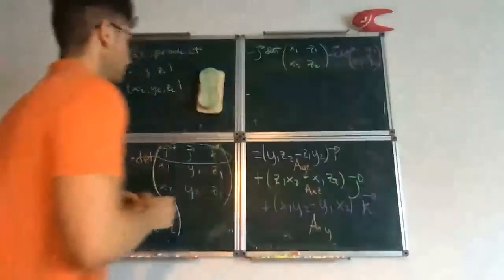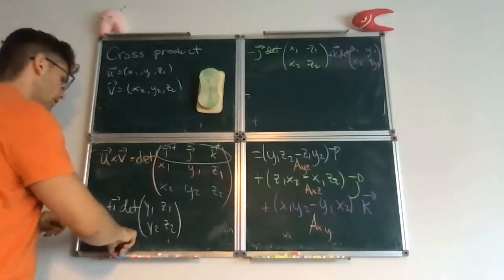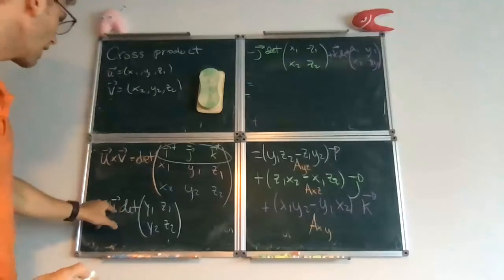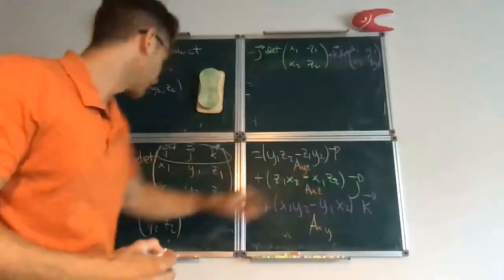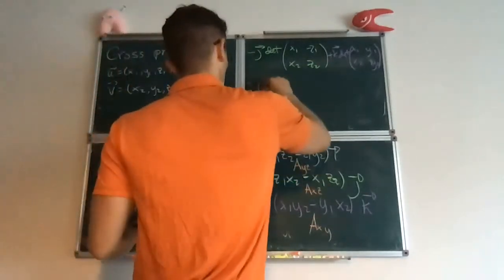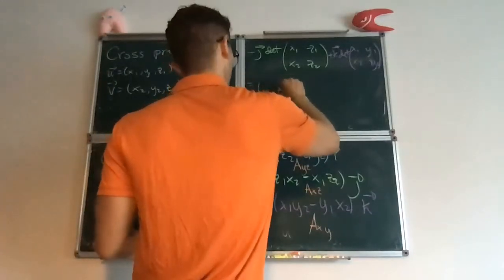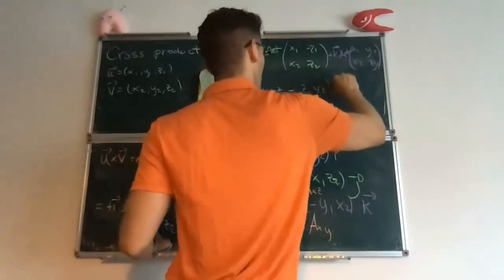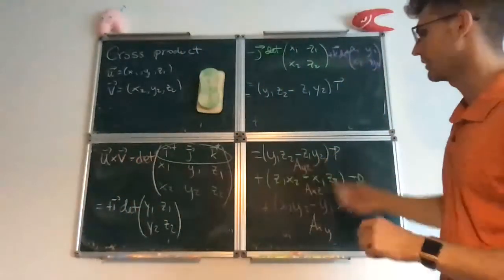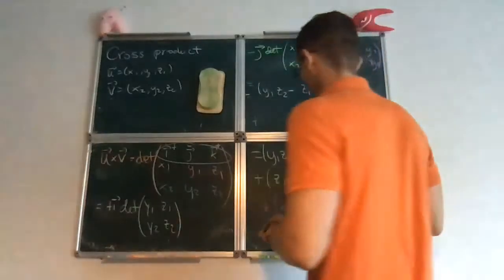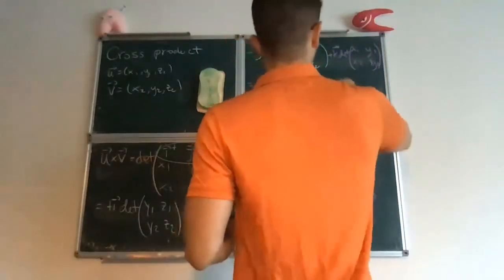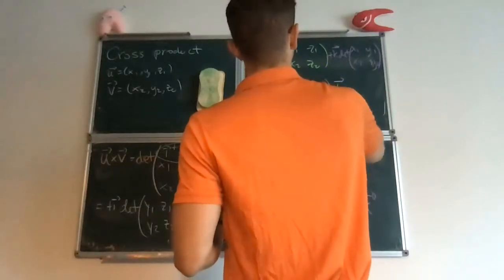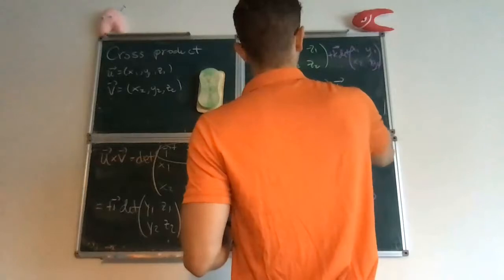Okay? So you end up getting what? You get plus I. You can just move the I around, so you get y1 z2 minus z1 y2 times I, which is exactly what we had here. Then you get minus j, so you get x1 z2 minus z1 x2.